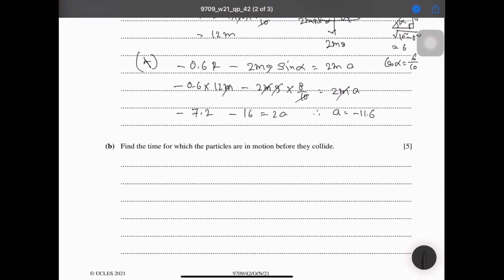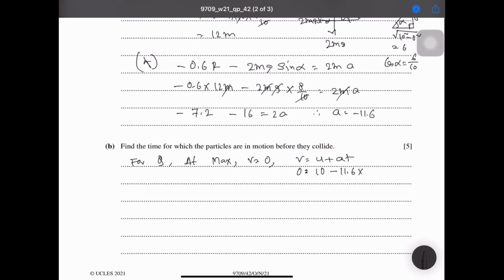We know that for Q at maximum, v goes to 0. So we can write v equals u plus at. V is 0, since Q starts with speed 10 meters per second and its acceleration is 11.6.